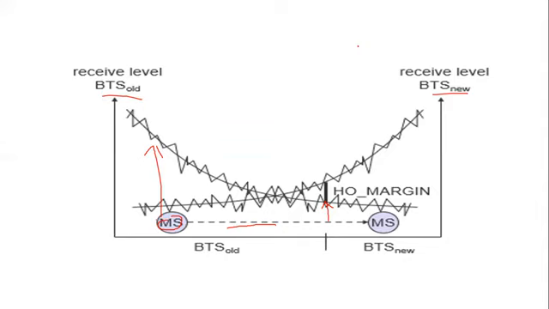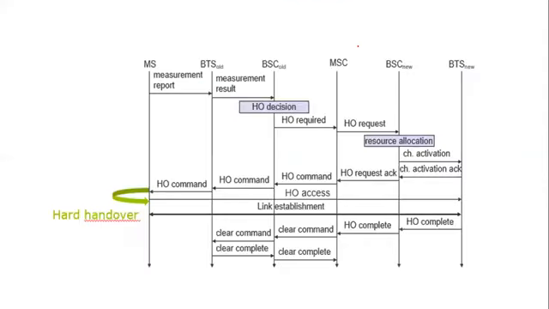These values are then compared to a threshold, that is the handover margin. Then the decision will be taken whether handover should be done or not. So this is how handover takes place in GSM.